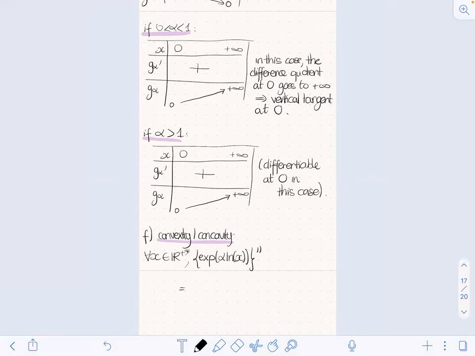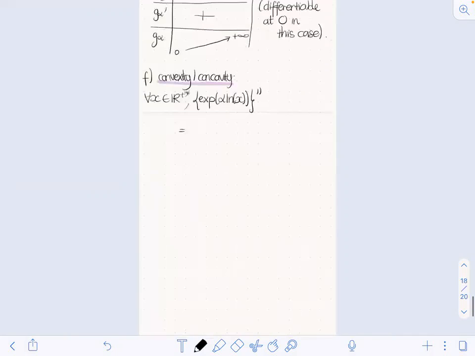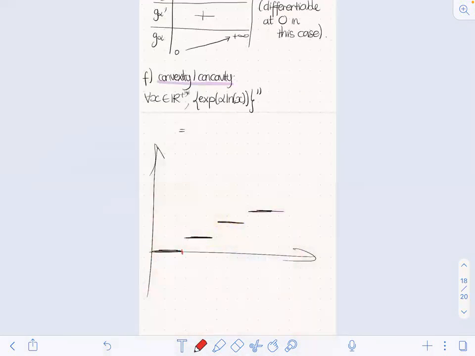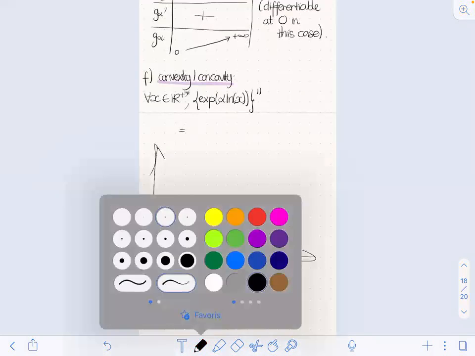I suppose sometimes you can still study the variations of f prime, even if it's not differentiable. For example, imagine you've got a function whose derivative is a step function. There are parts where the function is not defined, but it's still basically increasing on R, or R plus, for example.